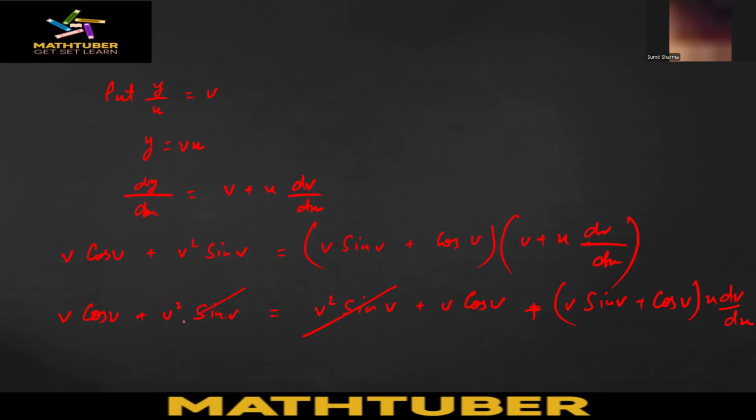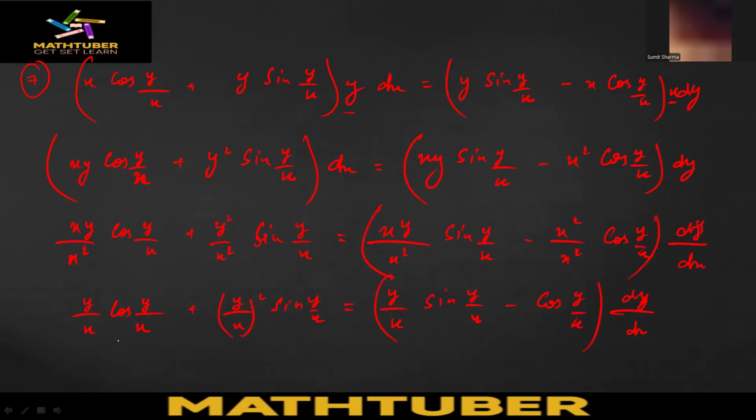V square sin v will cancel, v cos v will also cancel, and you are given with this only. I hope this is fine.